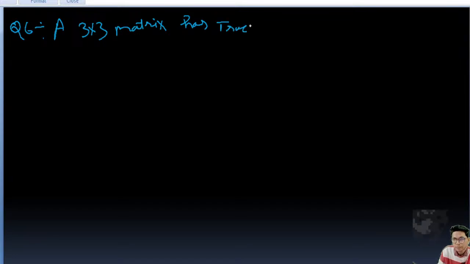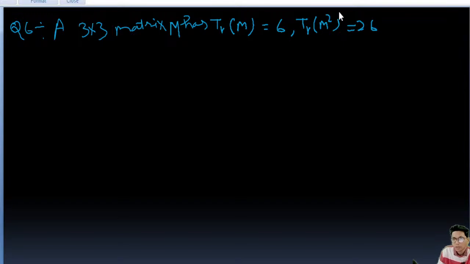A 3 cross 3 matrix M has trace M equal to 6, trace M square equal to 26, and trace M cube is 90.